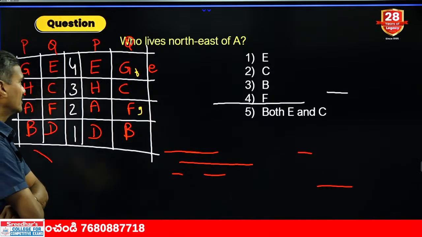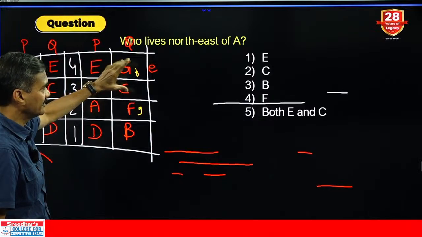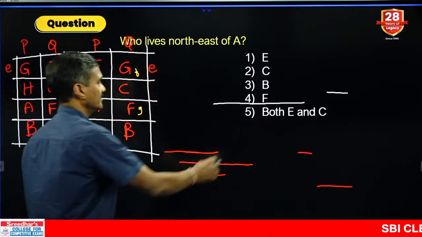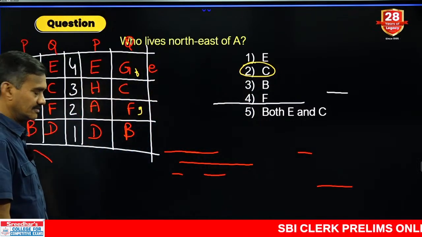Fine. Who is to the northeast of A, tell me. G and C. Between G and C, what answer was given? G is not, only C, that is choice 2. Follow here, choice 2 is the answer, question number 3.